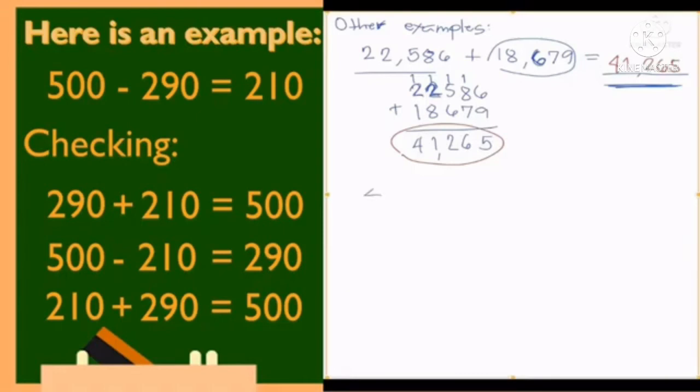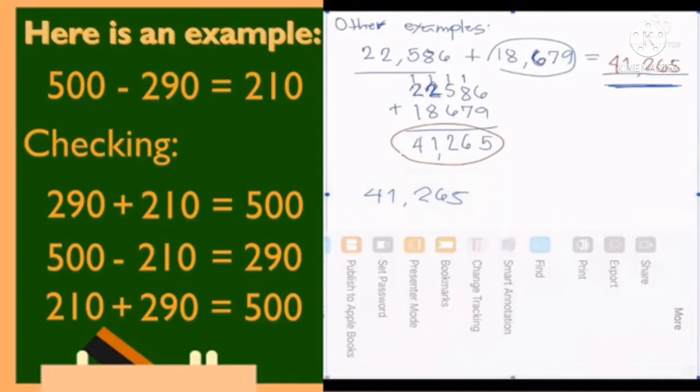Okay. So we have here 41,265. Okay. What will we use? Is it minus or plus?